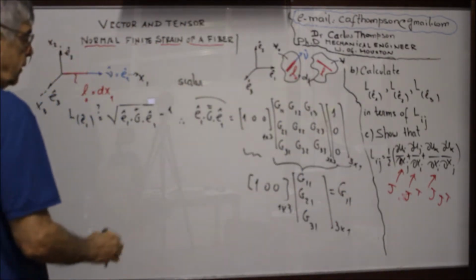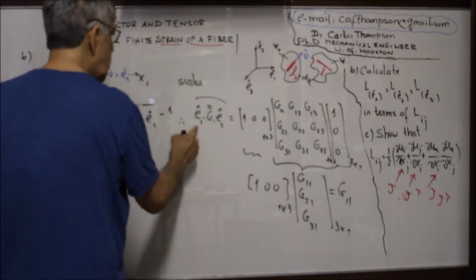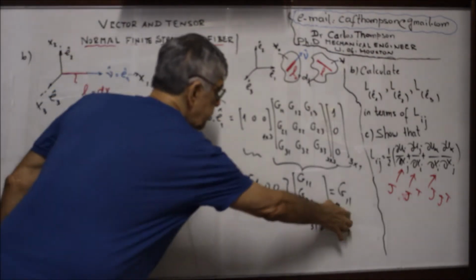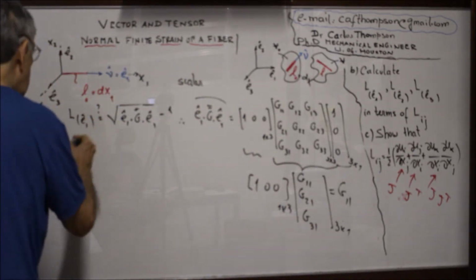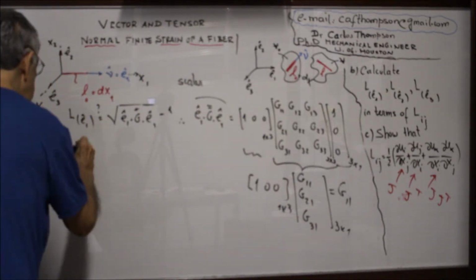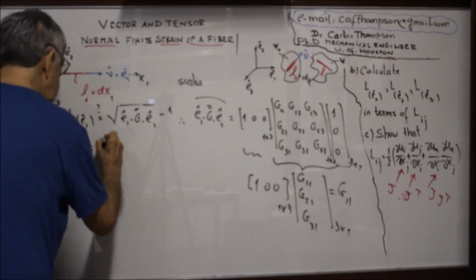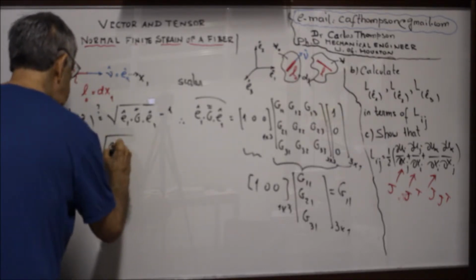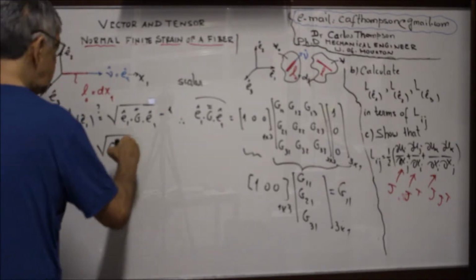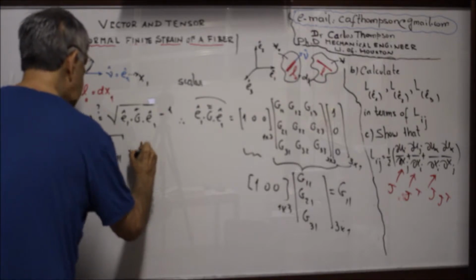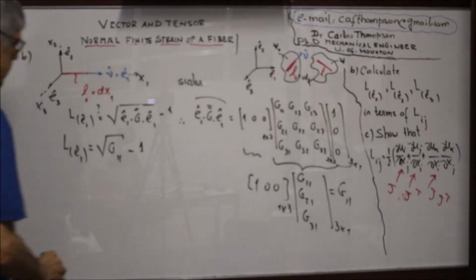This dot product of E1 dot the second order tensor G dot E1 will be G11. So L E1 is equal to the square root of G11 minus 1, clearly.